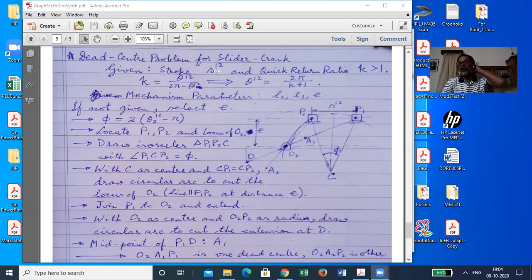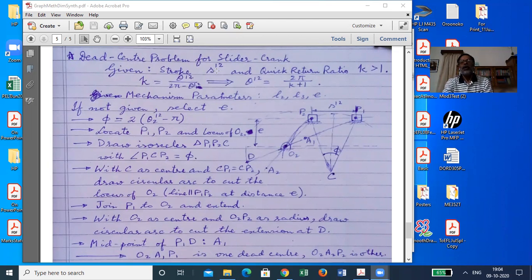So there are two ways in which links 2 and 3 can get aligned. One, if they are completely stretched, and two, if they are completely folded. So the angle between their lines is either 0 or pi. That is the condition.